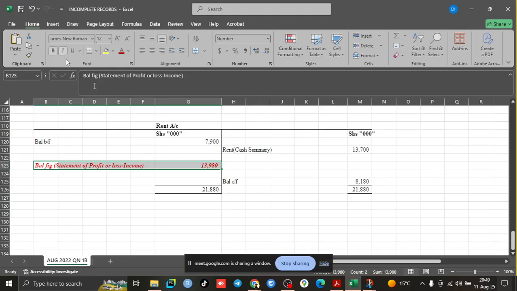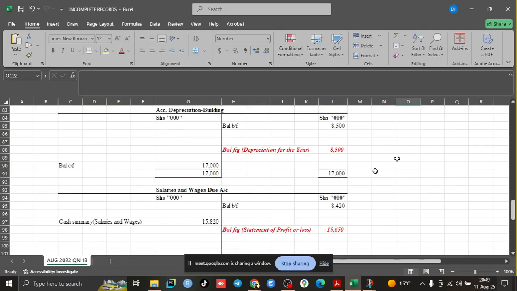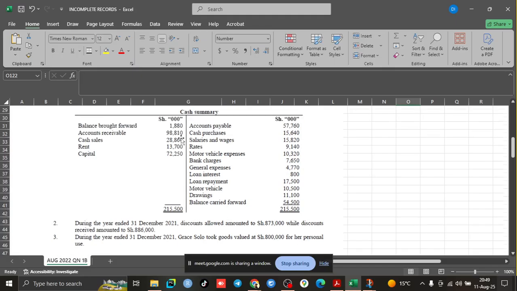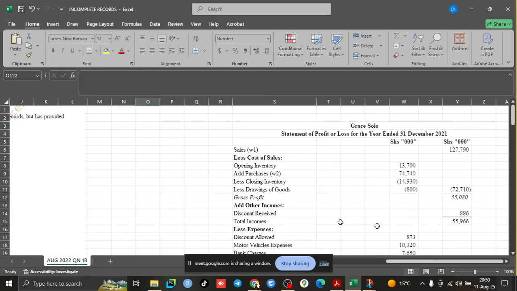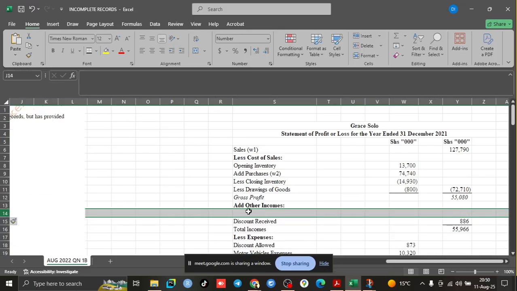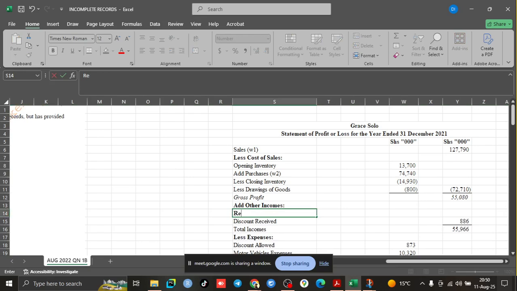So other incomes I should include rent ya 13980. Rent 13980 kwa other incomes. Let me confirm whether that's the value.